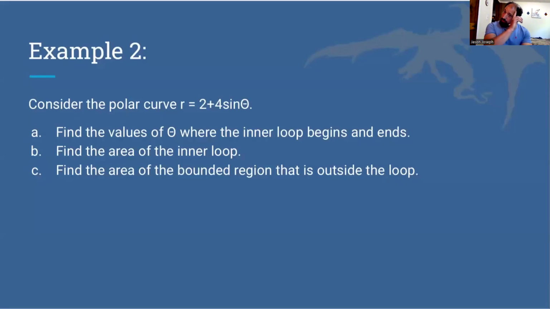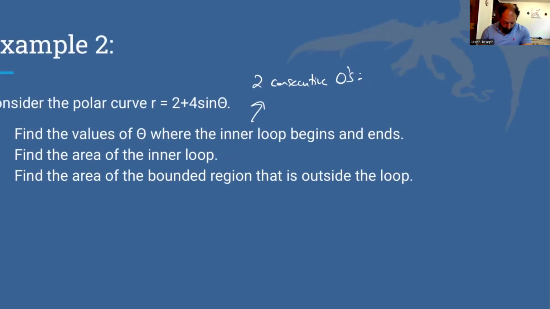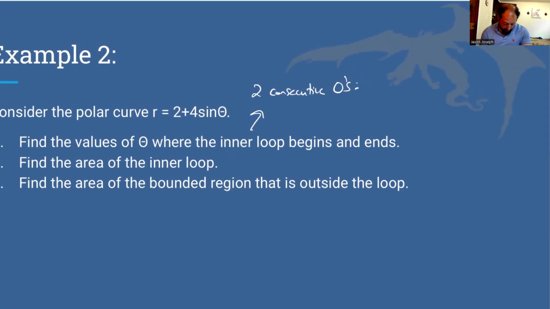So we have to use our knowledge of the graph a little bit here. But again, I am looking for two consecutive zeros to answer part A here, and keeping in mind the shape of the graph a little bit.